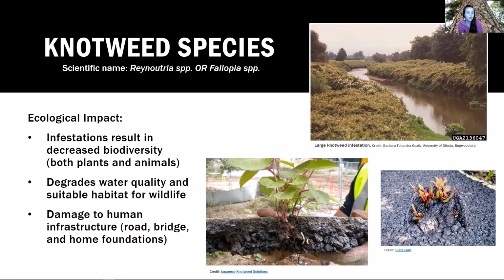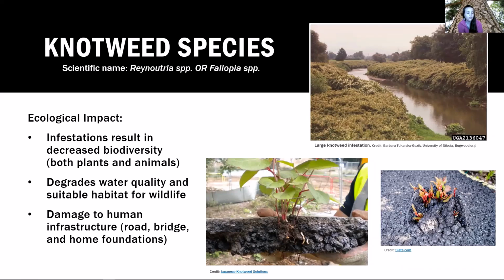They just can't compete with that. And our animals especially, they don't derive nutrients or food from a species that's invasive. They have not co-evolved with that species over time, so they just can't use it. And so those areas are going to be depleted of our native wildlife, unfortunately.